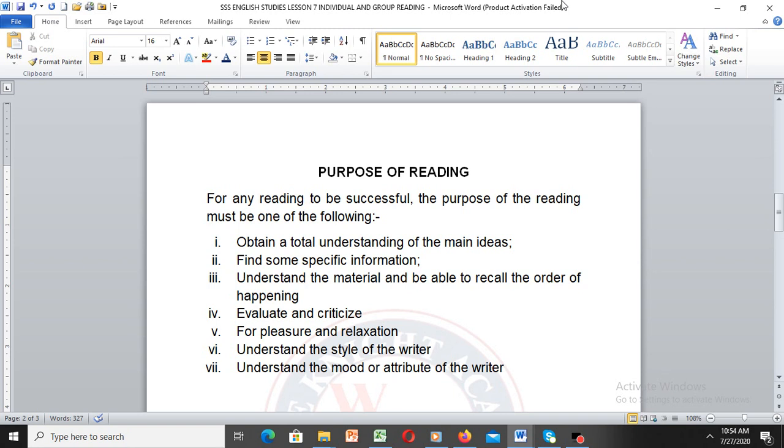Maybe a novel, maybe on sport, it may be on examination, it may be on something that can cause happiness and joy for you. Pick it up and read. That is the purpose of reading, for pleasure and relaxation.